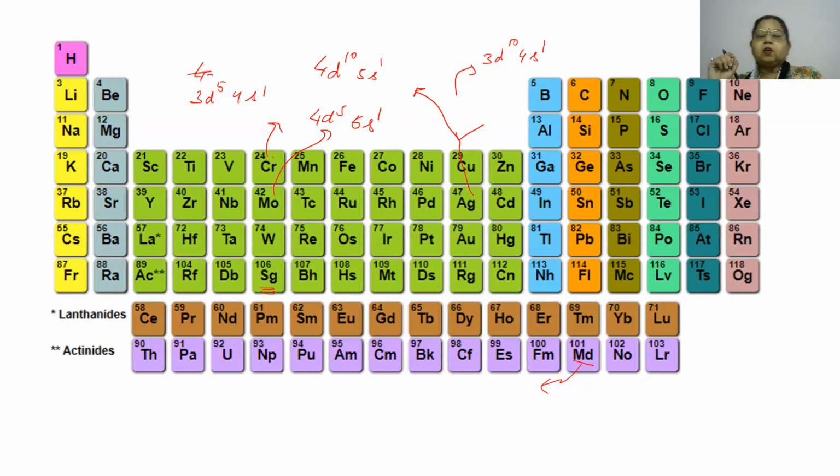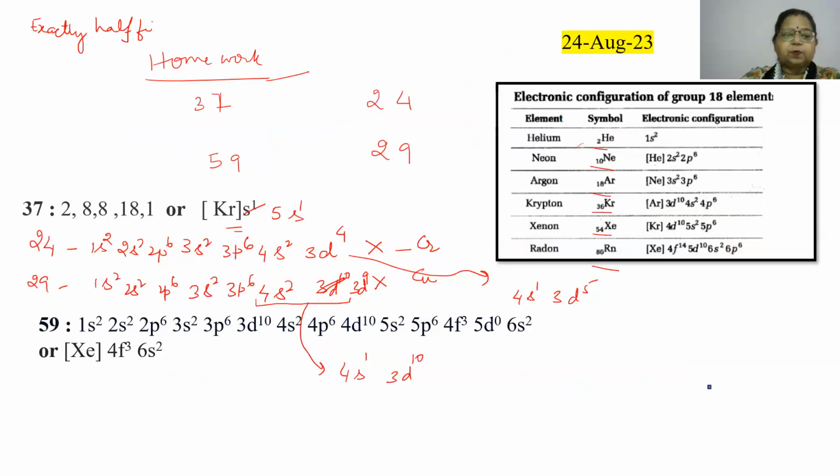The only thing that can be said for atomic number 59 is that it is an F block element, right? So I understand that you must be thinking, how can I have 4f3? If you follow the table, you will get this. It looks like 4f2, but it is 4f3, right?